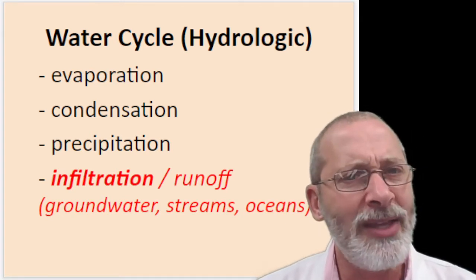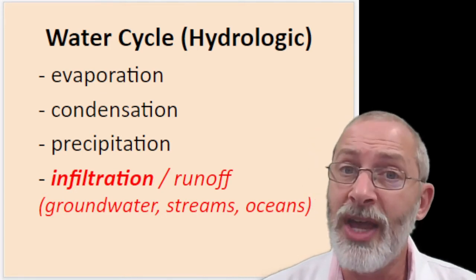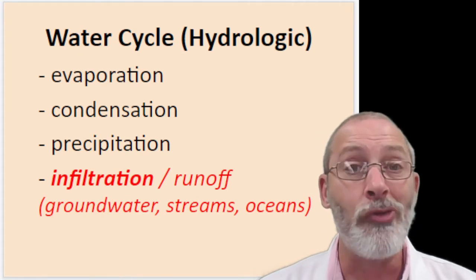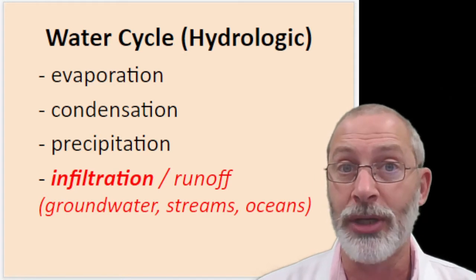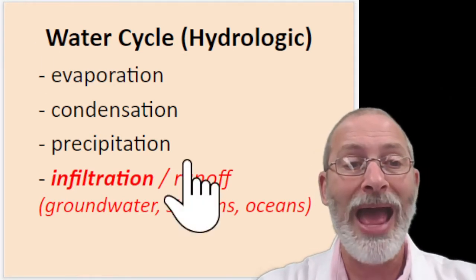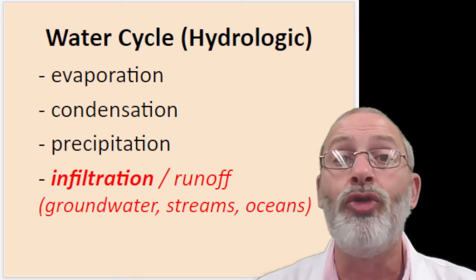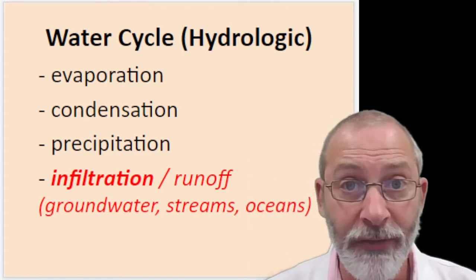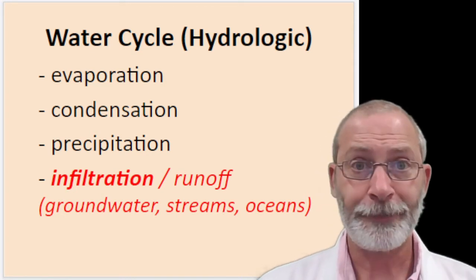But what we can't see happening as easily is the fact that some of that moisture, some of that precipitation, some of that rain will undergo infiltration. What is that? Well, infiltration is what happens when water goes into the ground. Now, in this part of the state where we live, most of us depend upon well water.